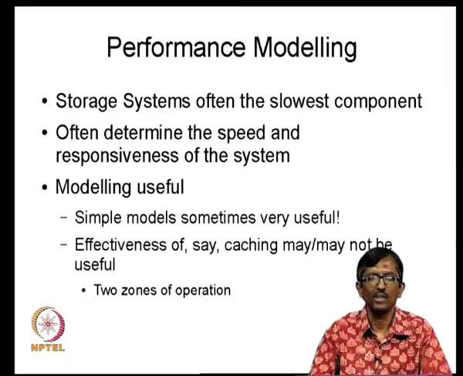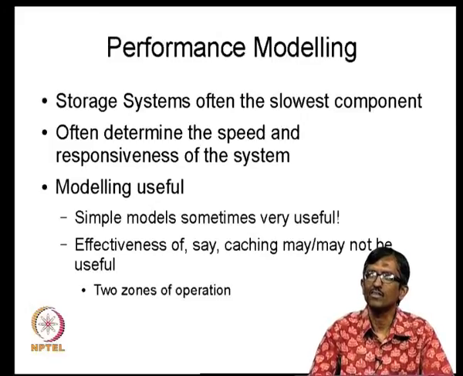That itself will tell you that there is no way in the system you can do more than 100 transactions per second, assuming that the transaction CPU processing is sub millisecond. The disk, since it is the slowest part, will limit the speed of the whole thing, and you can easily say without any complicated analysis that you can handle at most 100 transactions.